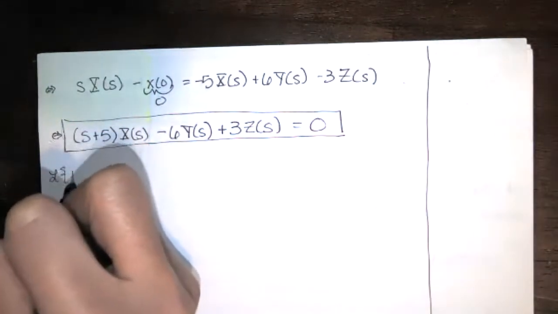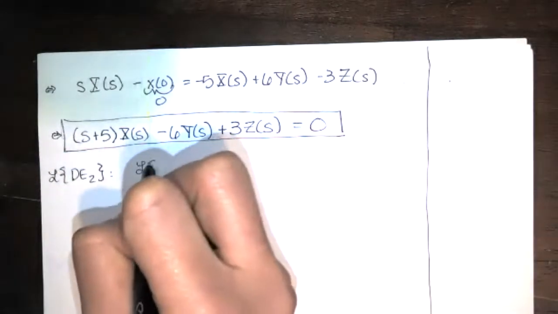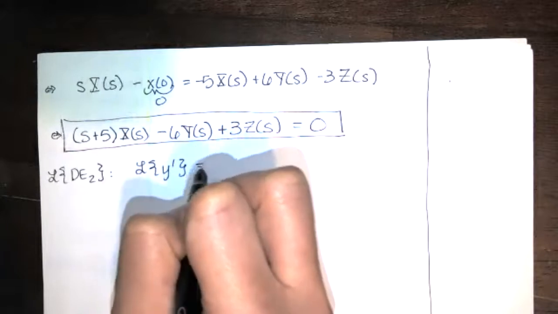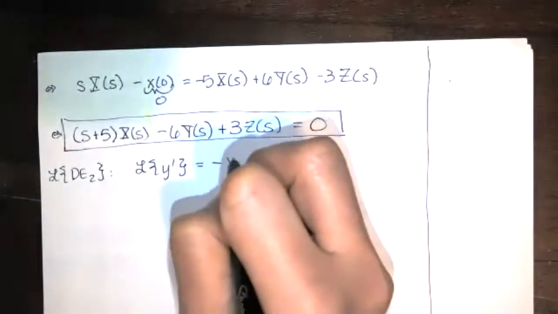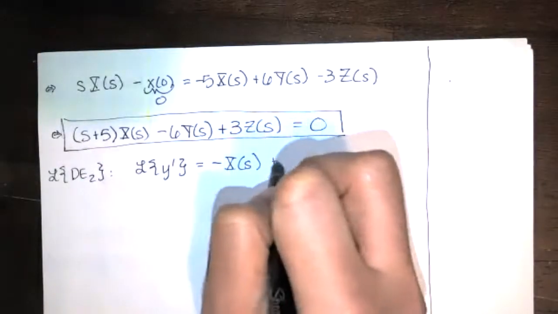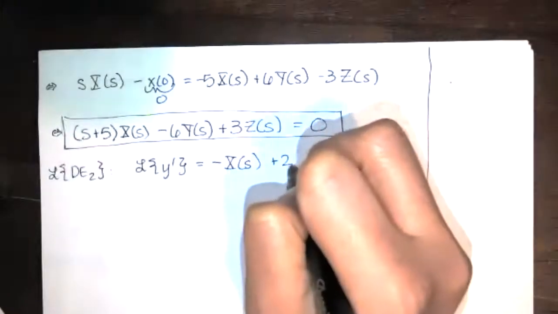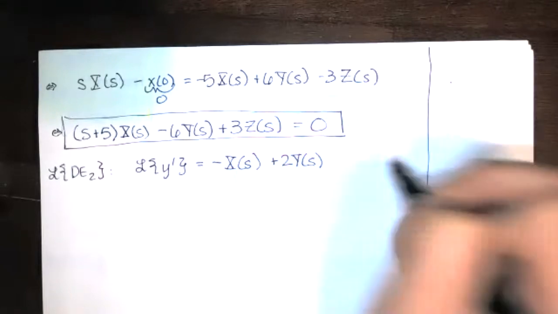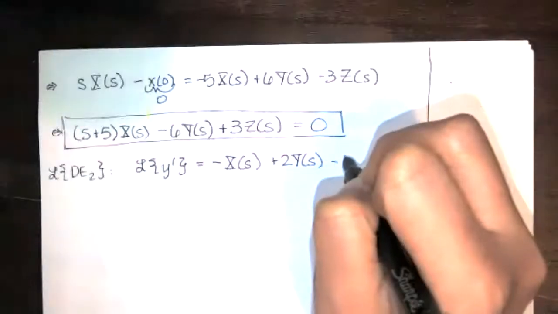To get the next equation, we take the Laplace transform of the second differential equation. So that's the Laplace transform of y prime equals -1 times the Laplace transform of x, which is x of s, plus 2 times the Laplace transform of y, it's our big Y of s, minus the Laplace transform of z.